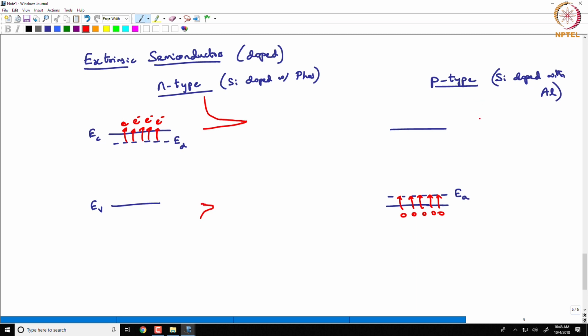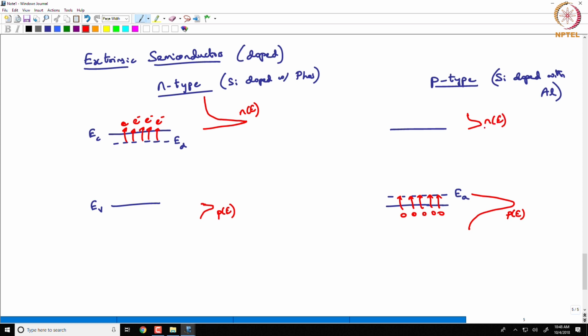Whereas here your electron concentration is like this, but your hole concentration is much larger. So, this is N of E and that is P of E, this is P of E and N of E.